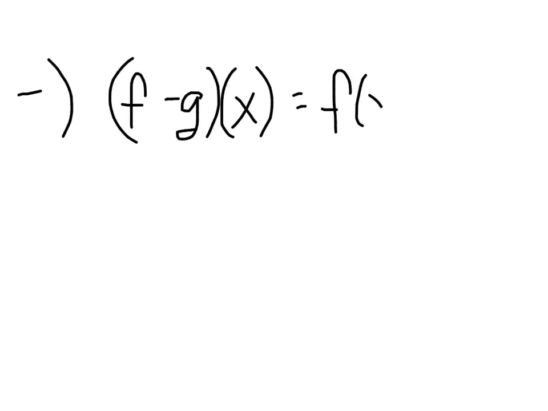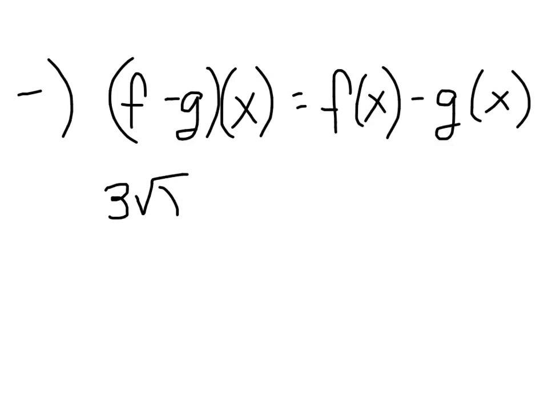Okay, now, here comes the second one. Subtraction. Again, the formal definition says f minus g of x equals f of x minus g of x. What do you think I'm going to do with these ones now? Yeah, subtract them. So I take 3 root x. I'm going to use the same f and the same g, okay?